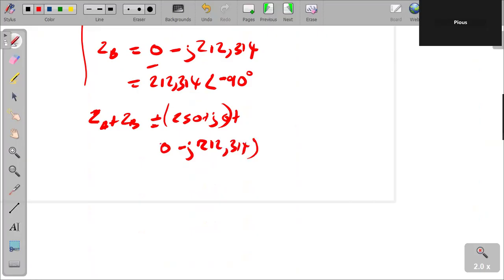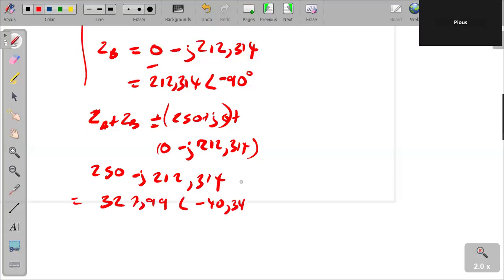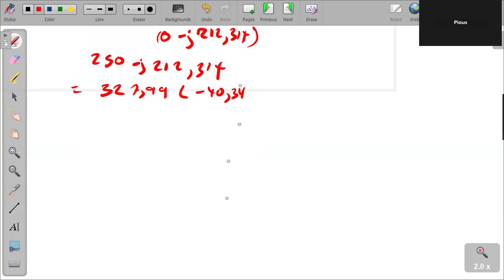We are adding this, and it's going to give us 250 minus J212.314. Converting that to polar gives us 327.99 angle of negative 40.34. So we have ZA plus ZB.